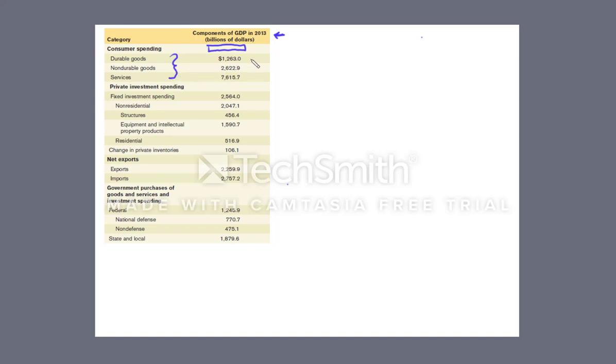So what we're going to do is simply add 1,263.0 billion US dollars, 2,622.9 billion US dollars, and 7,615.7 billion US dollars.